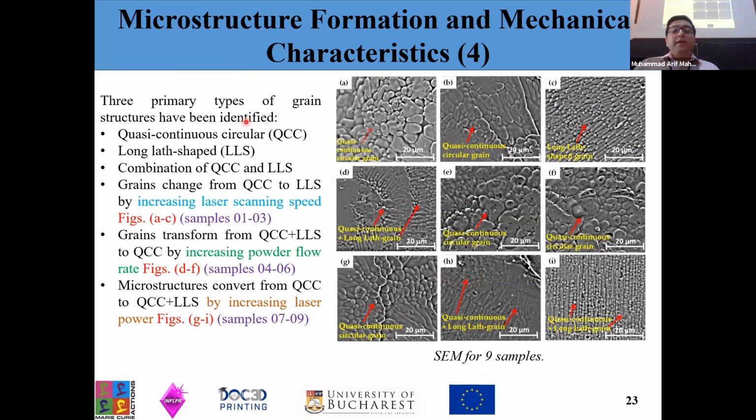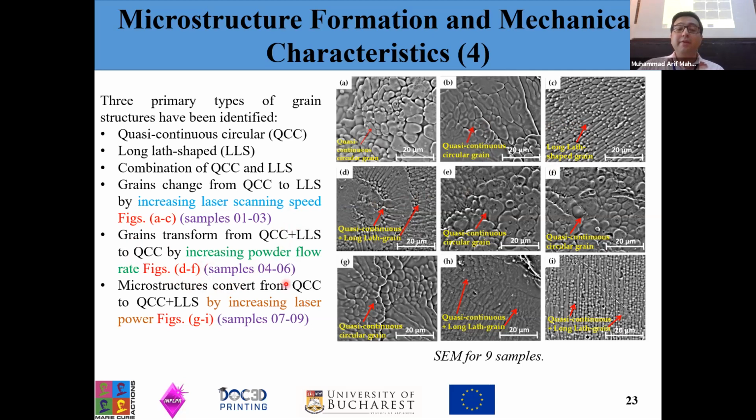By performing the experiments, we identified that there are 3 types of grain structures: quasi-continuous circular, long lath shape, and the combination of both quasi-continuous and long lath shape. Further, we identified that when we are increasing the laser scanning speed, the grains are changing from quasi-continuous circular to long lath shape, which can be identified in figures A to C in the case of samples 1 to 3.